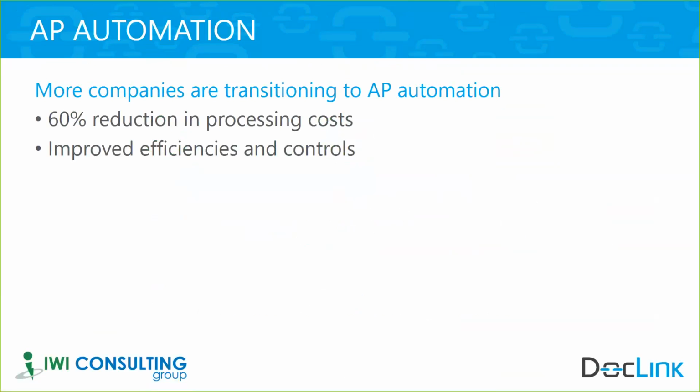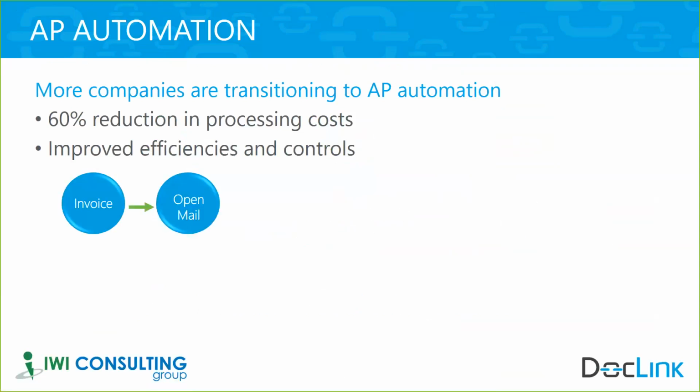As I mentioned, a lot of companies find out that they can reduce their cost in the AP process substantially with automation. But there are other components related to that. It's not only the cost of entering the data, but there are costs related to human error, and there are costs related to audits. Therefore, as a complex ROI, DocLink gives you all these benefits under one shell.